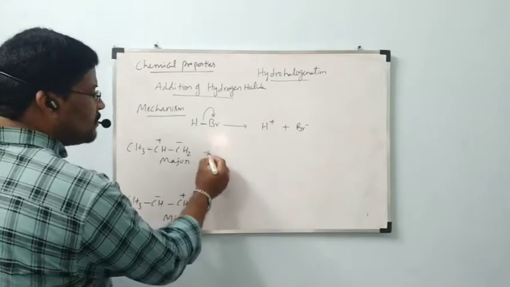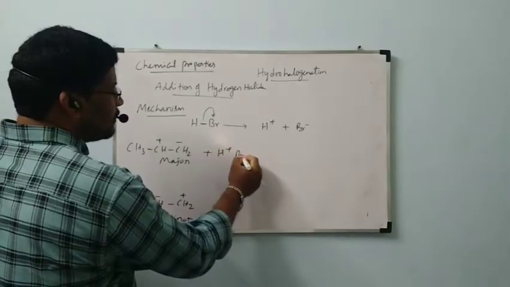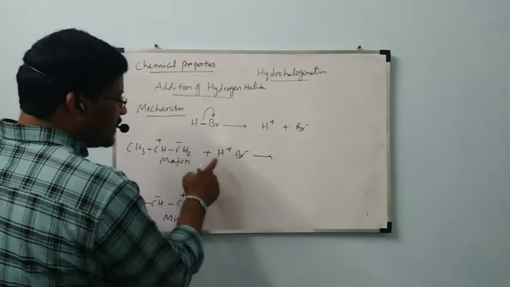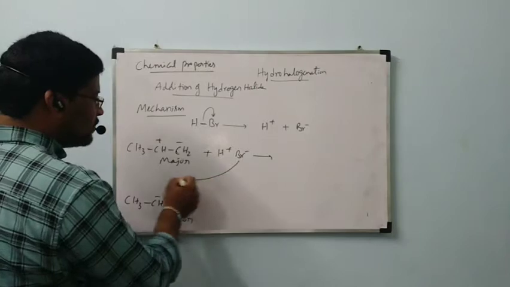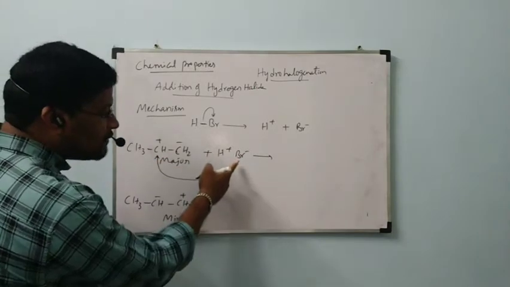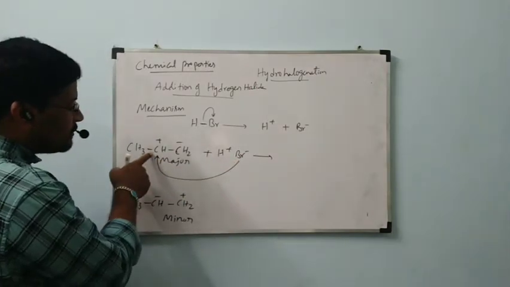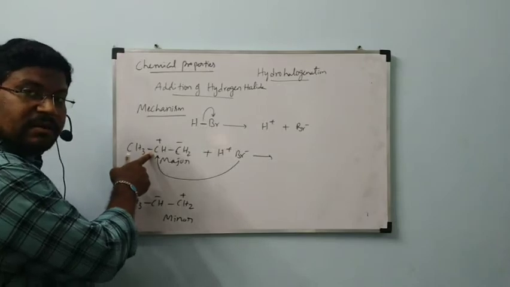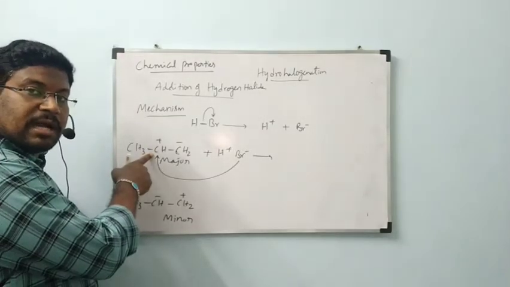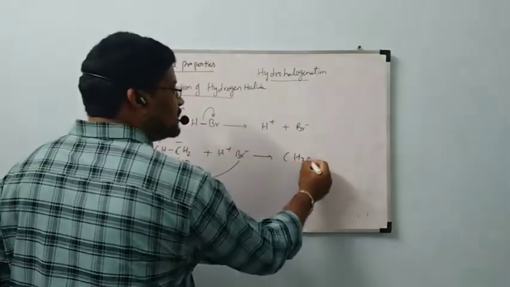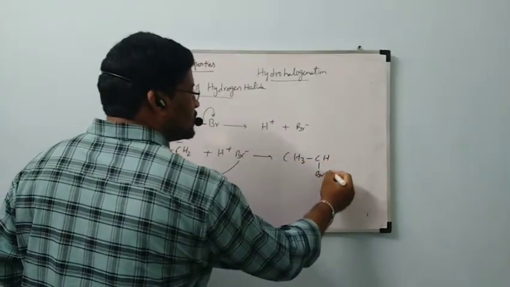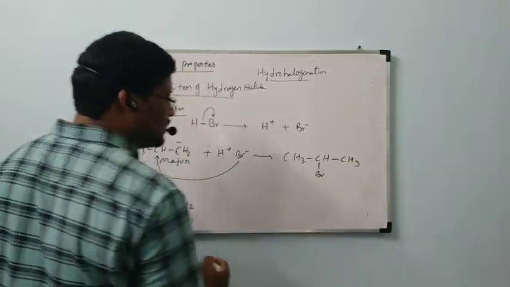Then this reacts with H plus Br minus, so H plus reacts with CH2 minus and Br minus comes here. That's why we said the negative part of the addendum is bonded to the carbon which contains fewer hydrogens, among the double bonded carbons. The product is CH3 CHBr CH3.